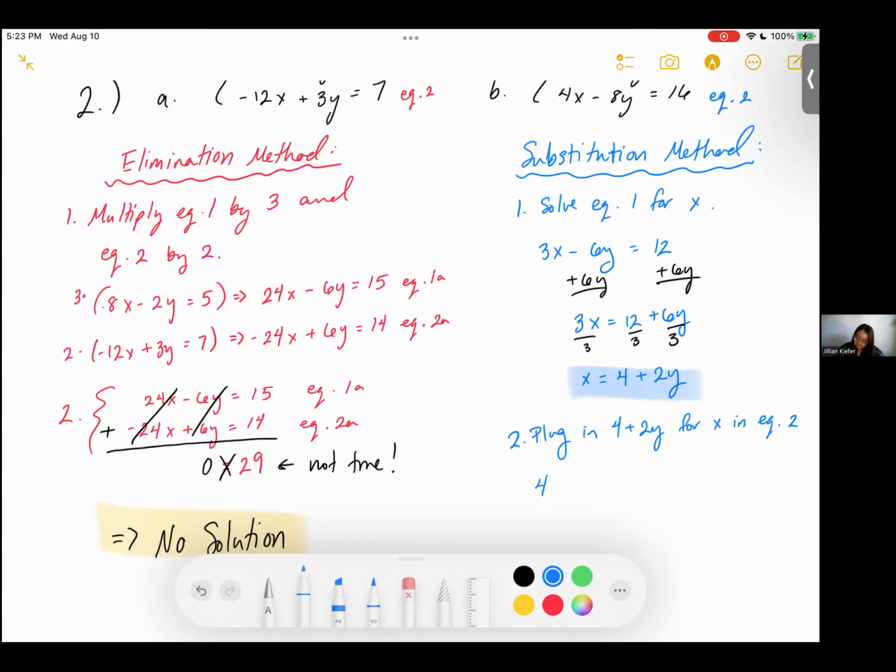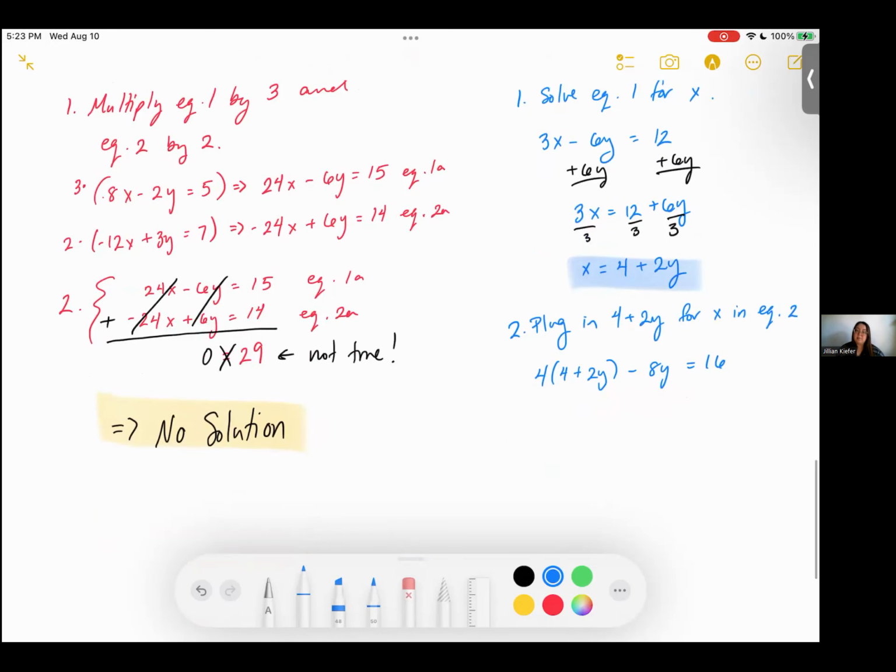So we'll have 4 times x, which is now 4 plus 2y. And then minus, not plus, 8y is equal to 16. Now we just want to simplify.